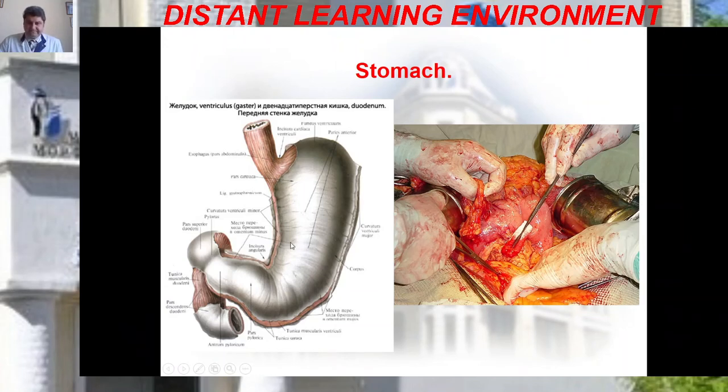Also it has gastric notch and cardiac notch. So it has three coats or tunics: mucous coat, muscular coat, and peritoneal coat.